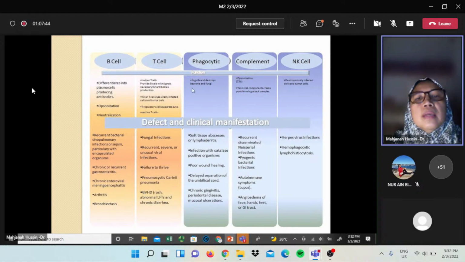Okay, phagocyte. The function of phagocyte, if you can still remember, is to engulf and destroy bacteria and fungi by chomping it or eating it up.